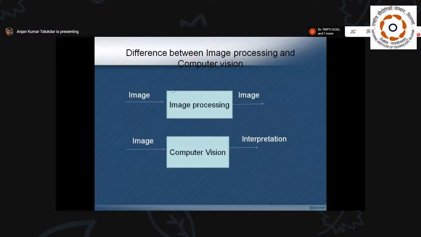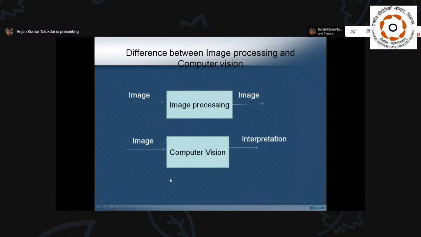Now you might be confused, what is the difference between image processing and computer vision? In case of image processing, our input is an image, and our output is also an image. We do some processing or transformation of the input image, and ultimately we get some output image. We basically do some filtering, so both input and output are images.